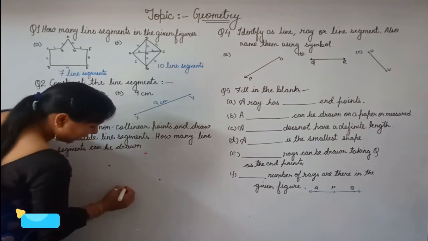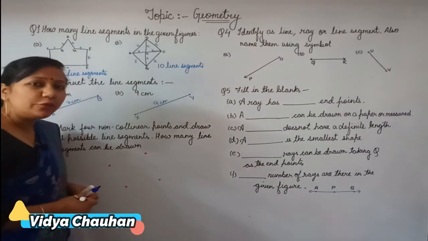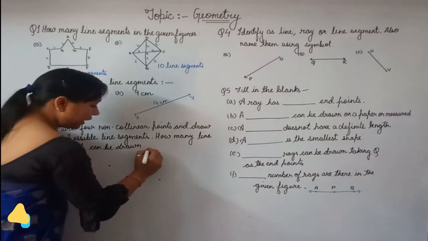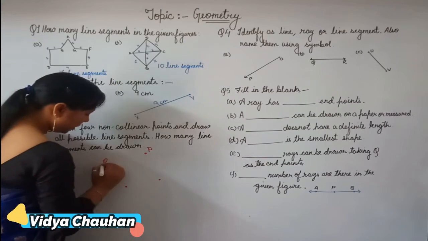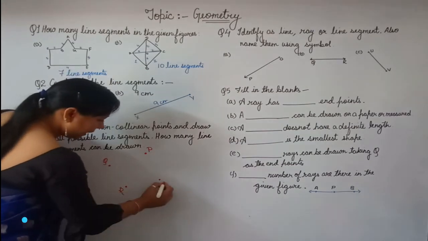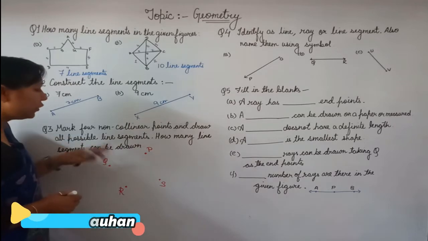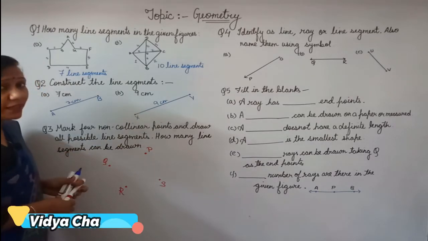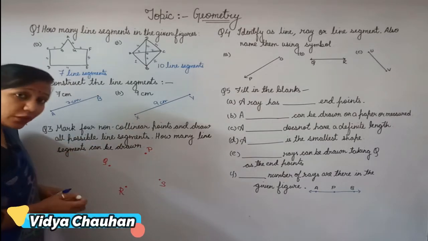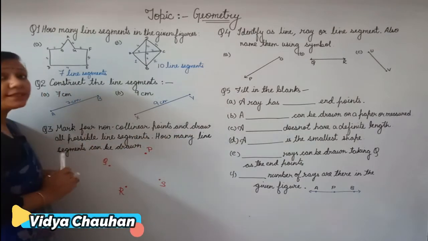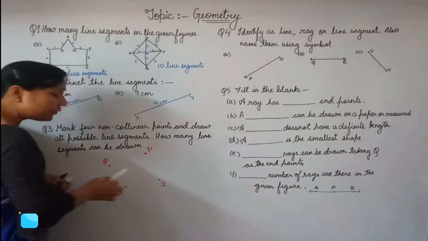So here students, I have just taken randomly 4 points anywhere on this board, and let's give them names also: P, Q, R, S. Now it is said that you have to draw all possible line segments using these 4 points.